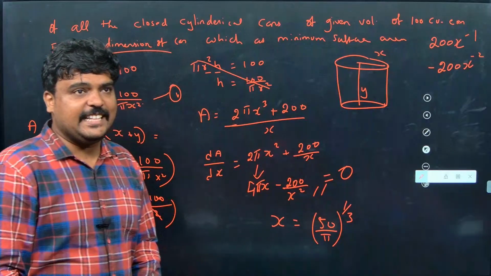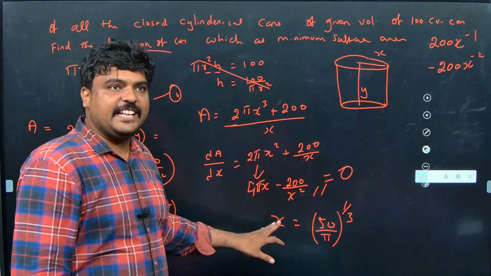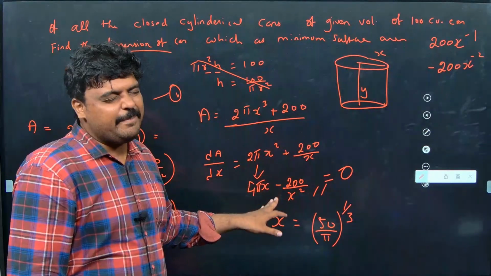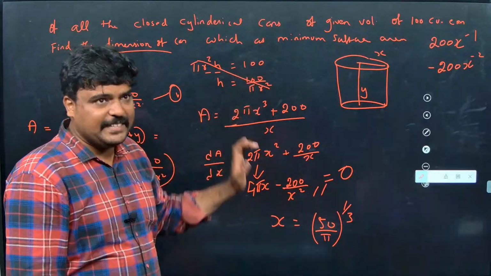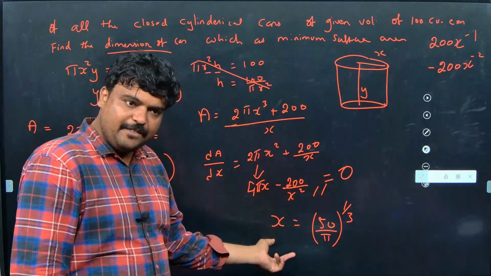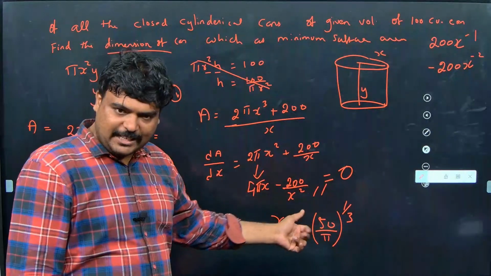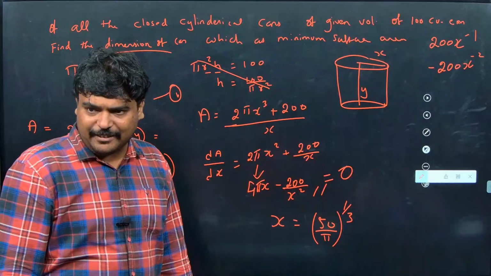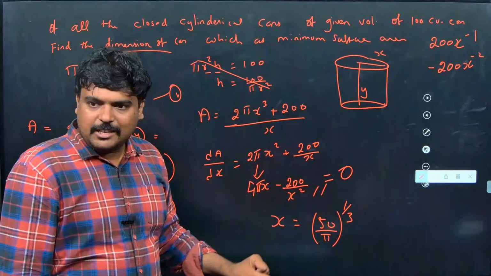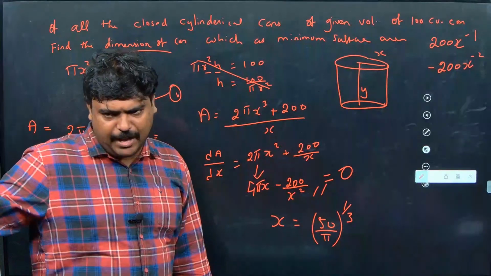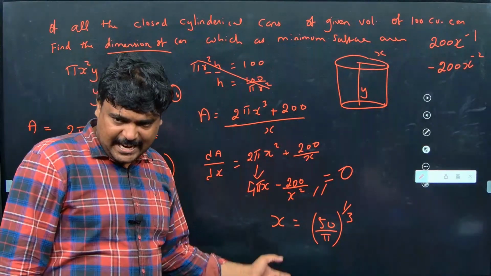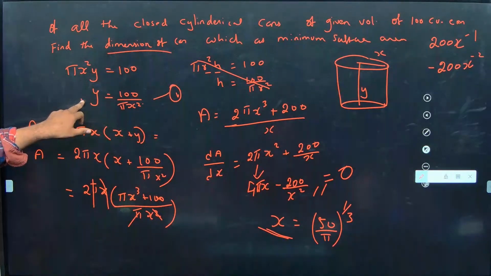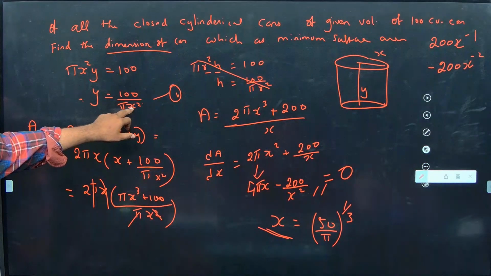Now, do you know what to do, Devendra? I have got the x value, that is the radius. For this radius, to know whether there is a maximum or minimum, here it is a minimum surface area, I will double differentiate it and put the x value here, and I will come to know that I am having a positive value, because they said minimum. I should get the double differentiation as a positive value. After getting it positive, I'll take this x value directly, substitute it in the place of x, and I'll get my y value.